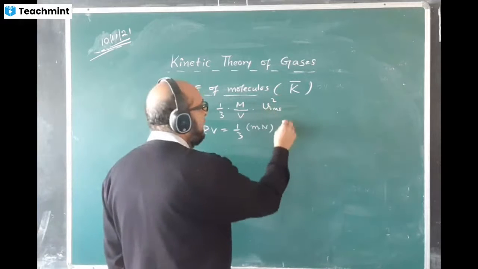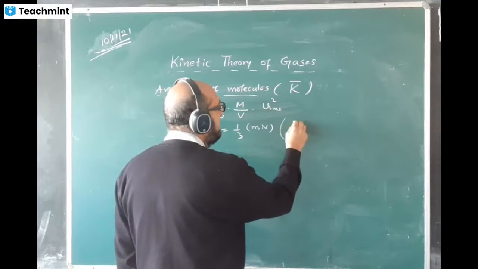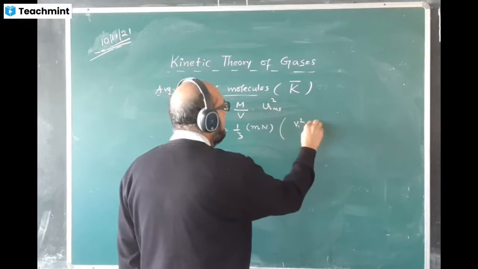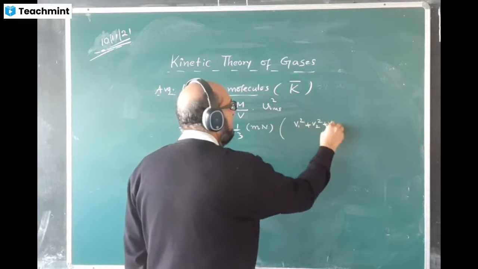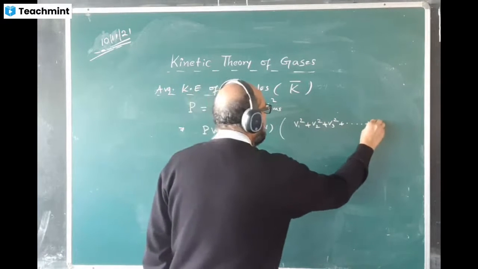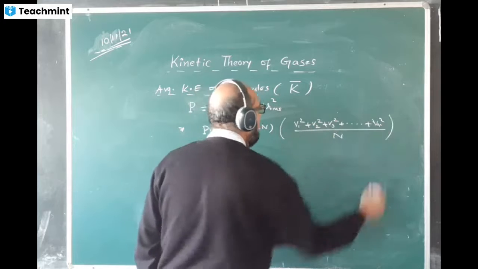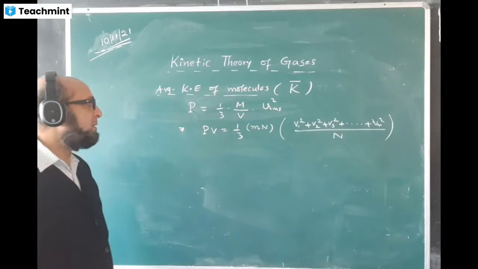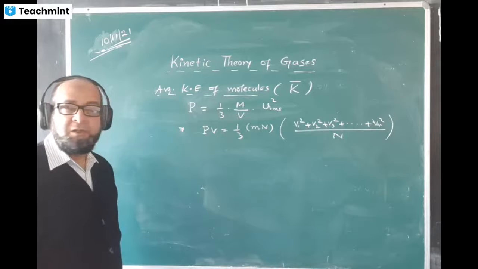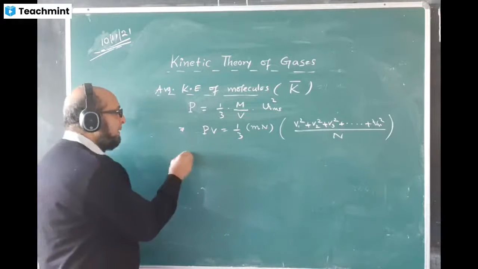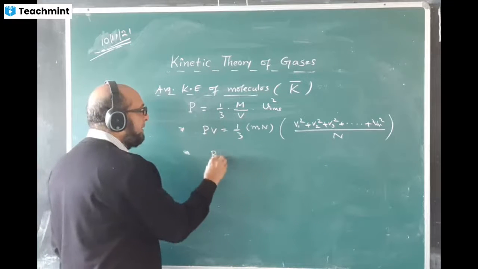And V_RMS square is V1 square plus V2 square plus V3 square, and so on, plus Vn square, divided by N. So in this, first I write like this, PV is equal to.